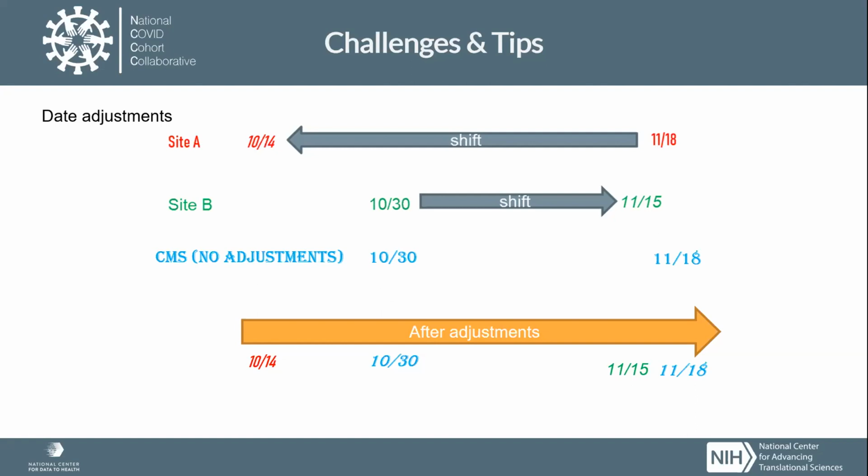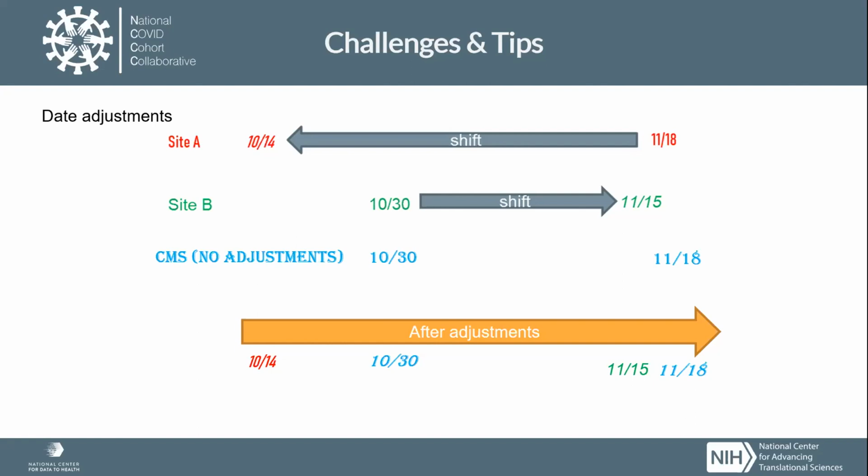I think the primary thing to know is that the CMS data are only available alongside our level 3 LDS data. Most sites do not do any date shifting to protect patient privacy, but some sites do prior to sending it along to N3C. So there's a couple of different kinds of data adjustments in play here.